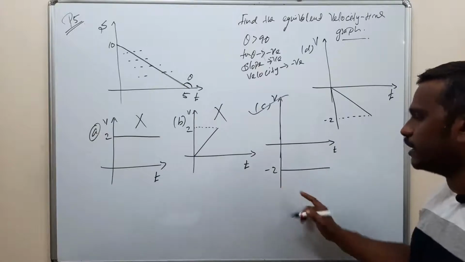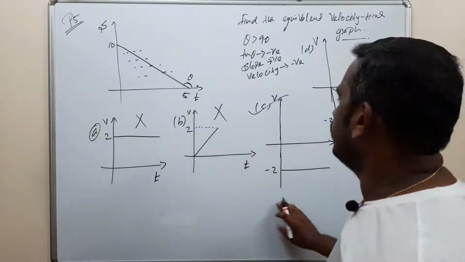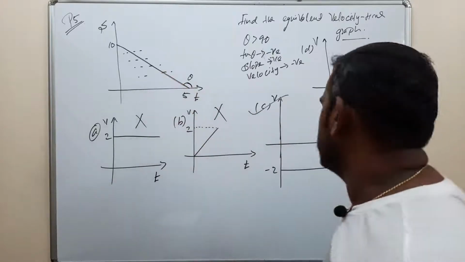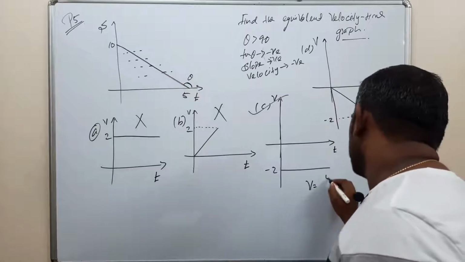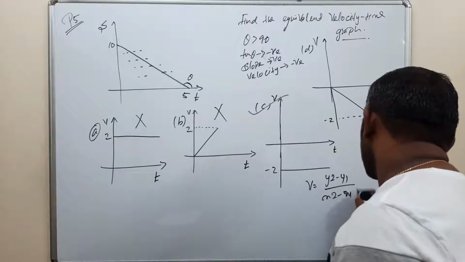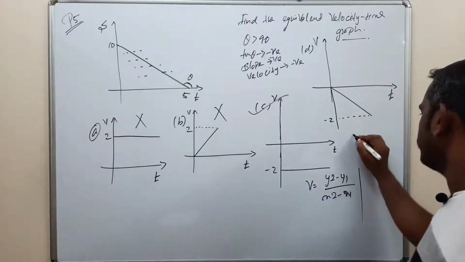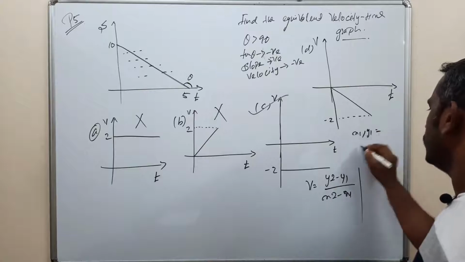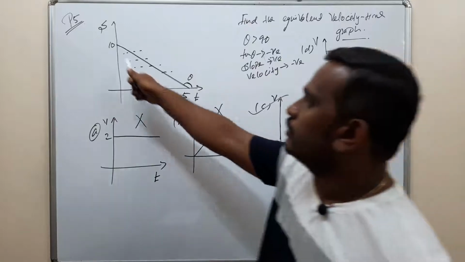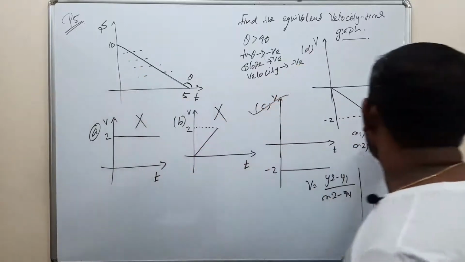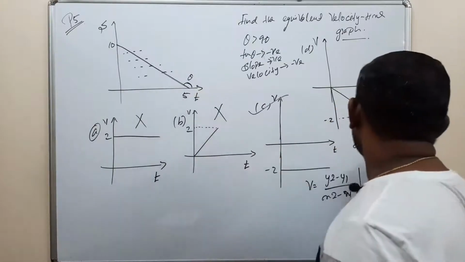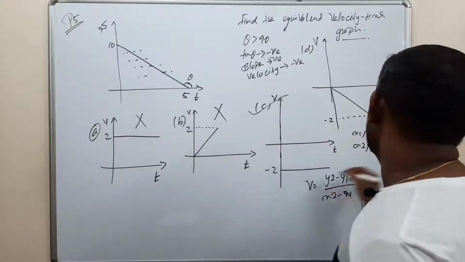So how is it -2? The slope of the displacement time graph gives the velocity, so velocity is equal to y2 minus y1 divided by x2 minus x1. Here x1 is 0, y1 is 10, x2 is 5, y2 is 0.